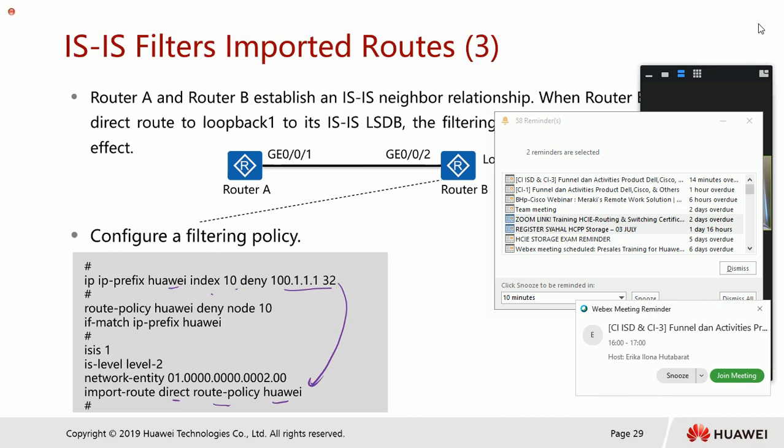So let's say doing it a proper way, you only want to filter 100.1.1.1. What should we do? We should do it like this. Let's say you only want to deny one and allow the rest.